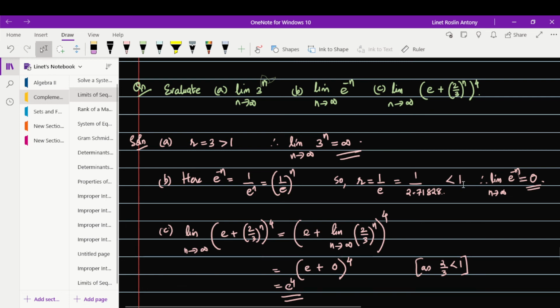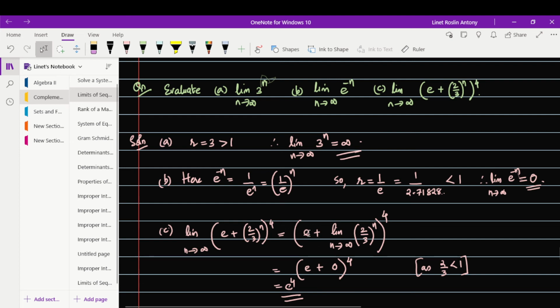Okay. So by the limits of powers, you get limit n tends to infinity e raised to minus n is equal to 0. Now for the C part, limit n tends to infinity (e + 2 by 3 raised to n) the whole raised to 4 is equal to, because this e doesn't have any n, you can take the limit inside.